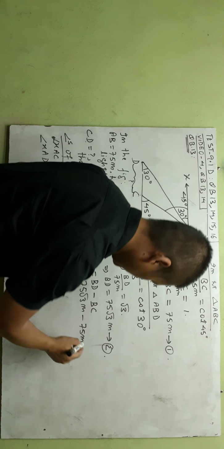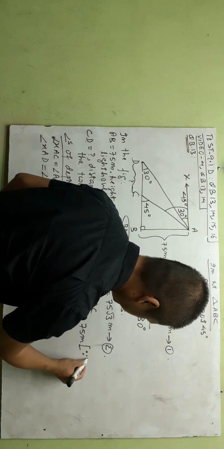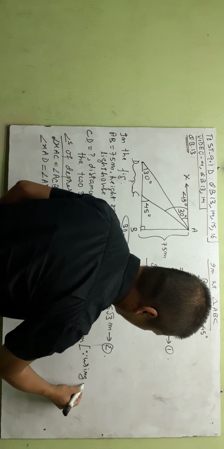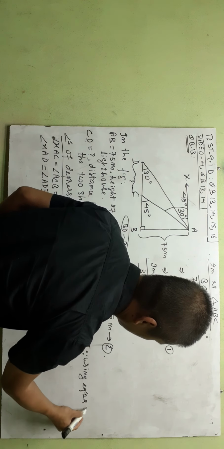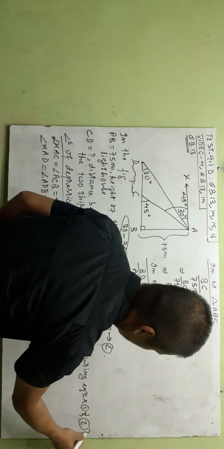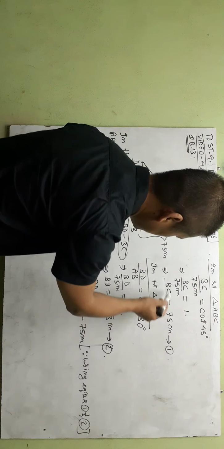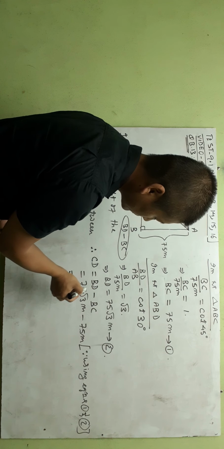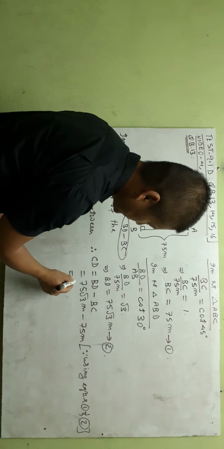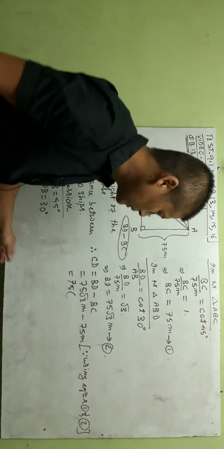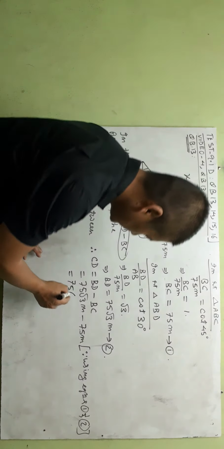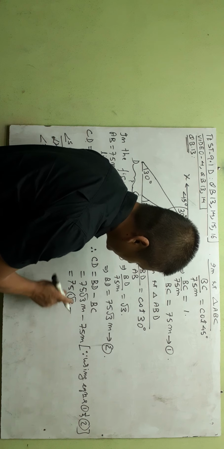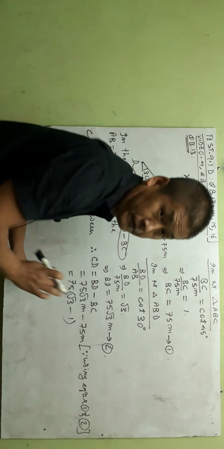So we can write here at the back the reason for that, since using equations 1 and 2. Here 1, from there you got BC 75, and from 2 you got BD 75 root 3. So common 75 can be taken out of the bracket. Then inside the bracket will be root 3 minus 75 ones are 75.